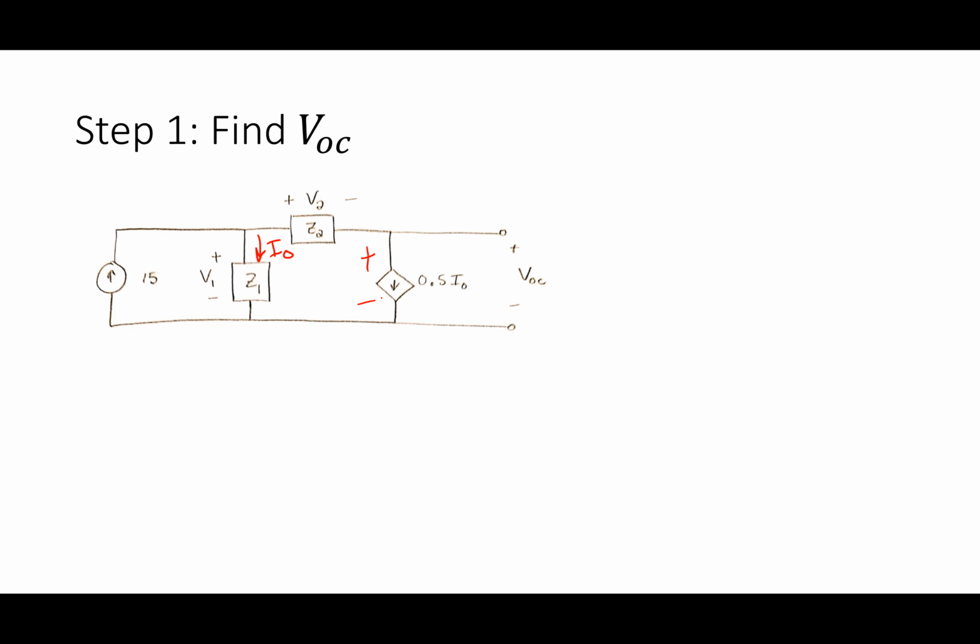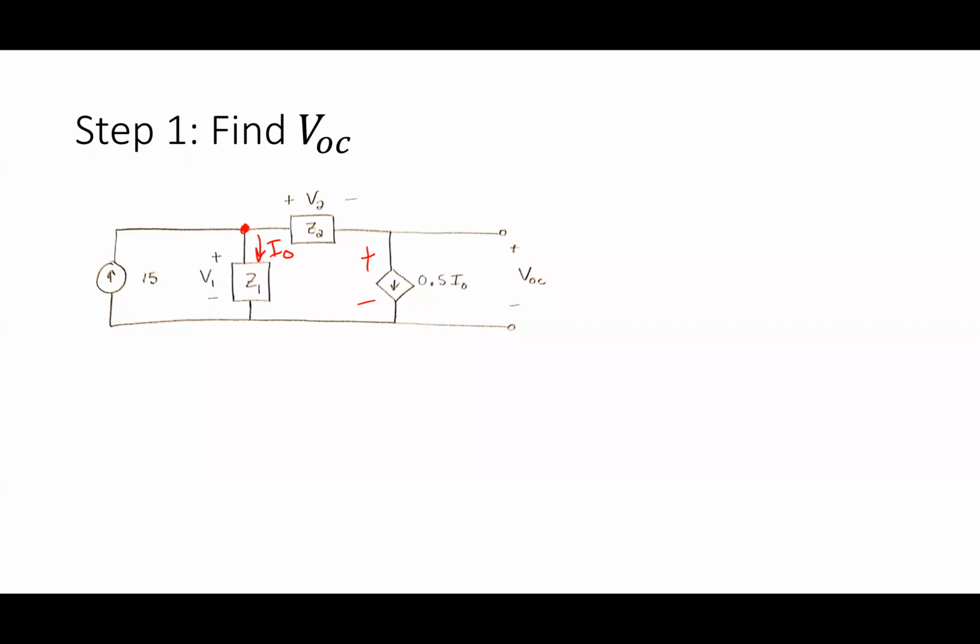I have to figure out some way of coming up with the relationship for that 0.5 I naught. So if I looked at this top node right here, what would KCL be at that node?